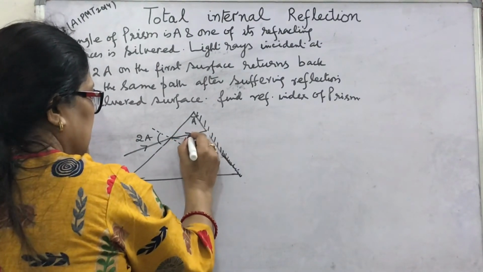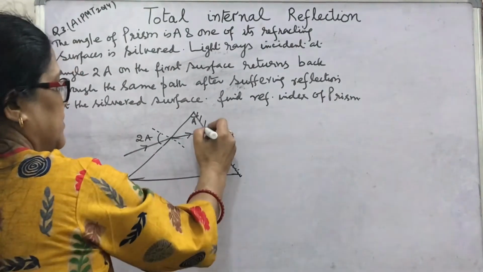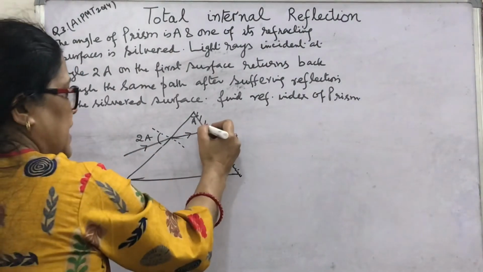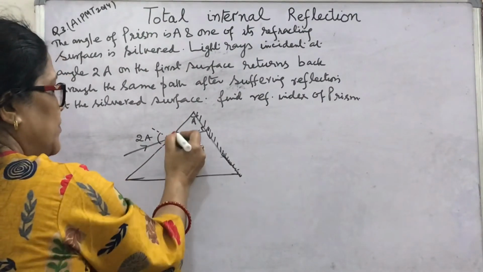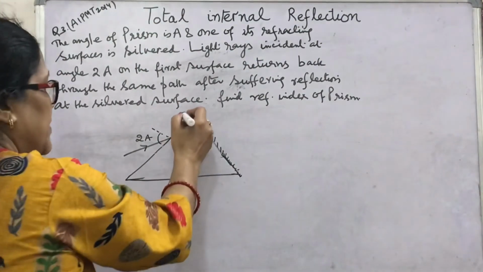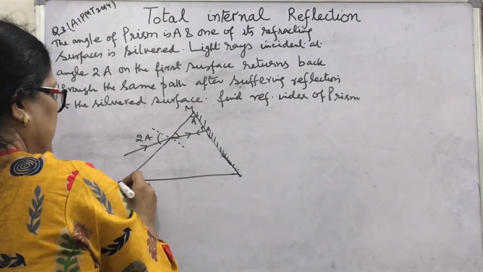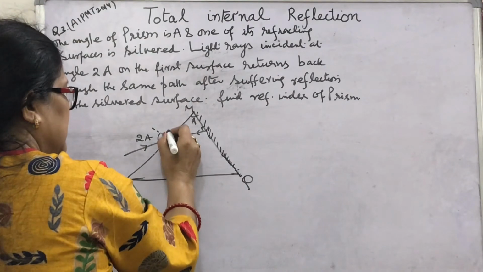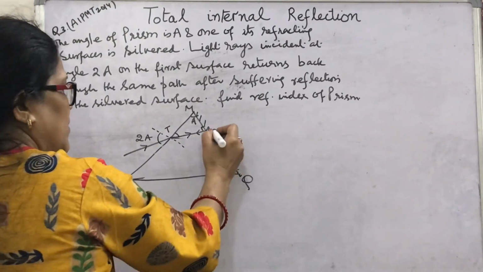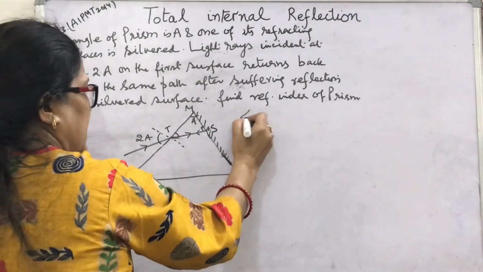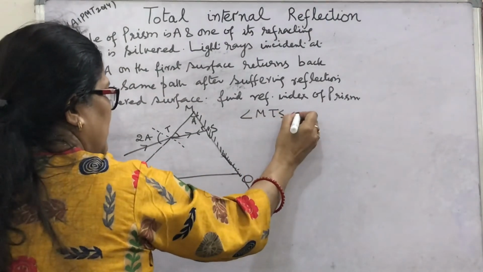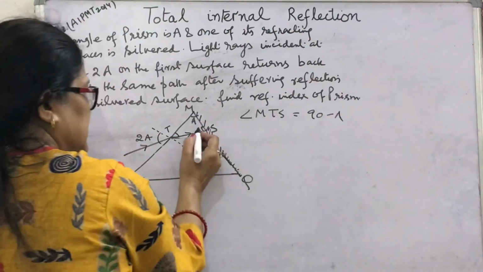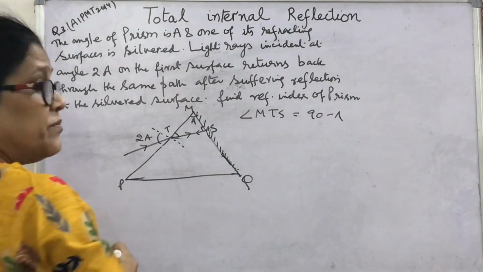It is going and it is coming back from the silvered surface. This angle will be 90. If I am writing the names here, M, P, Q, suppose this point as T, then this point as S, then angle MTS, what will be this angle? 90 minus A. This is 90, this is A, so this will be 90 minus A.